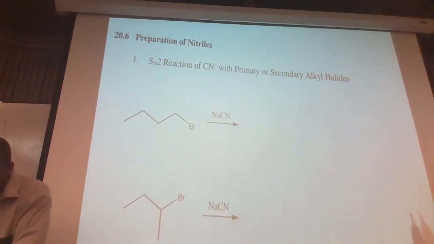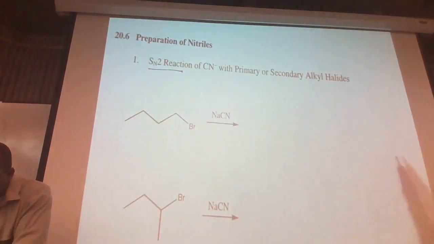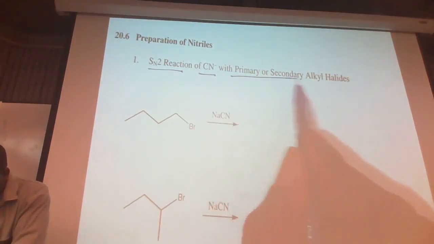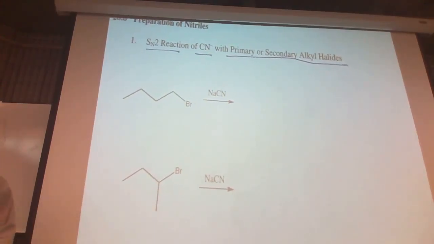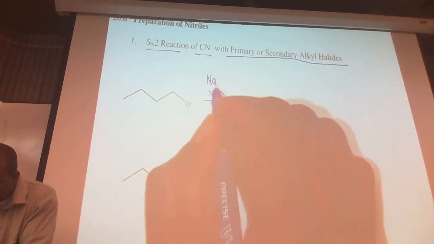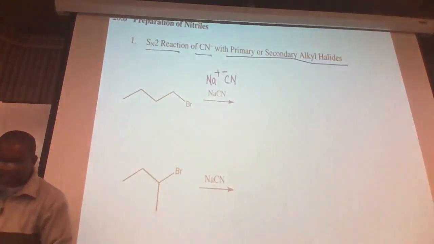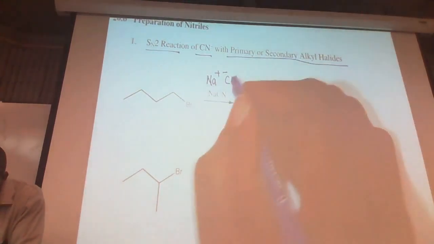The first reaction we're going to consider is the SN2 reaction of cyanide with a primary or some secondary alkyl halide. Your cyanide ion is a nucleophilic ion.